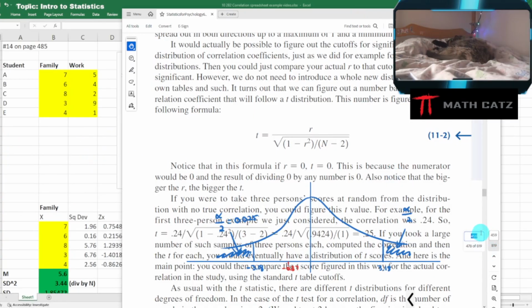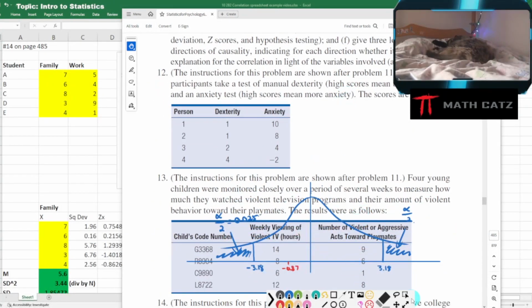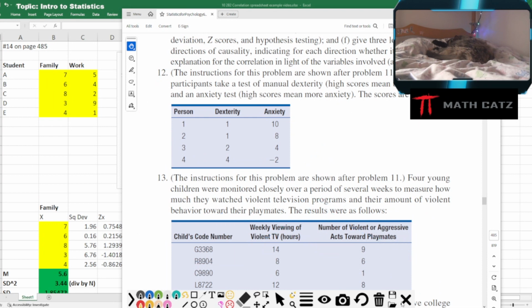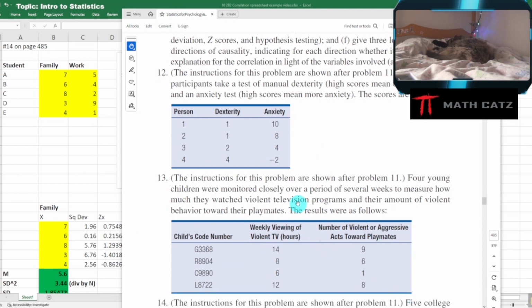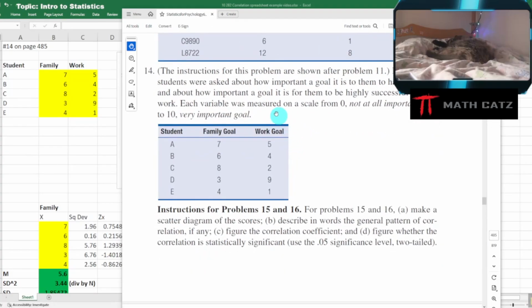That was on page 485. This diagram is annoying me now. Let's get rid of it. 485, number 14. So I might want to read that multiple times, right? To remind myself, okay, it's the importance of a family goal versus a work goal if there is a connection between them, a correlation.